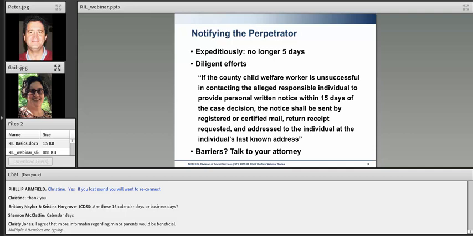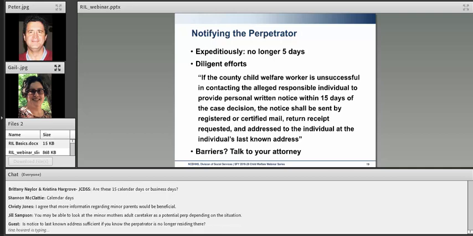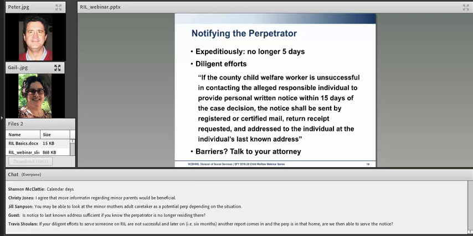So, you need to provide personal written notice, and the notification has to happen within 5 days of your case decision. And then you've got to provide the written notice within 15 days. The notice has to be sent by registered or certified mail, return receipt requested, and addressed to the individual at the individual's last known address.